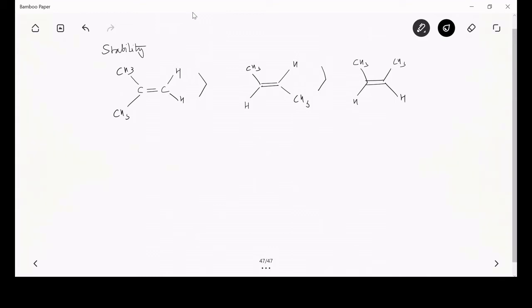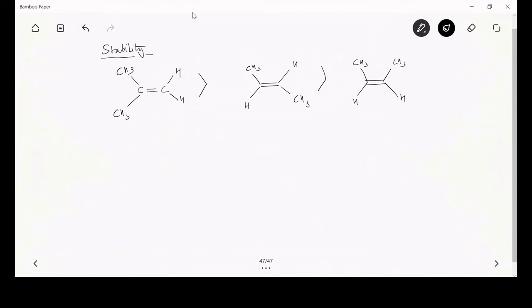Although all of these 3 alkenes have 2 methyl substituents, so these alkenes are substituted alkenes, and the number of substituents is also the same, but the stabilities are different. So can we use the hyperconjugation structures in this case? Can we compare the stability of these compounds using the hyperconjugation structures? Although we have to do that, there are some other things that we have to include in this case.